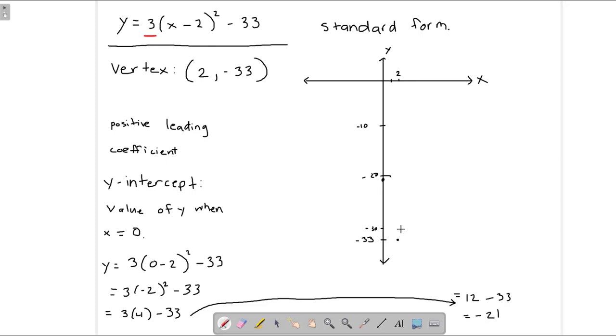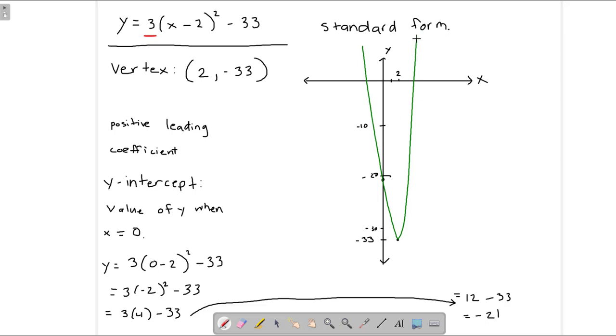So then I know that my parabola has to cross through these points, and it has to be symmetric on either side. So I'll do my best to draw the graph. Very skinny. Like that on that side, and then exactly the same on the other side. So very thin.